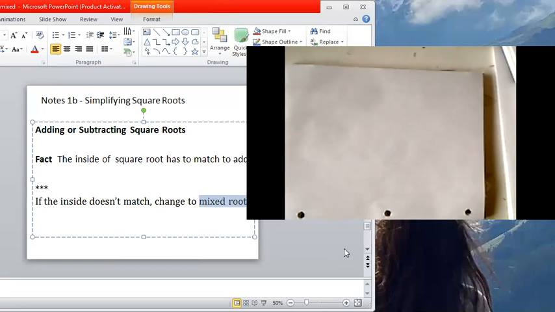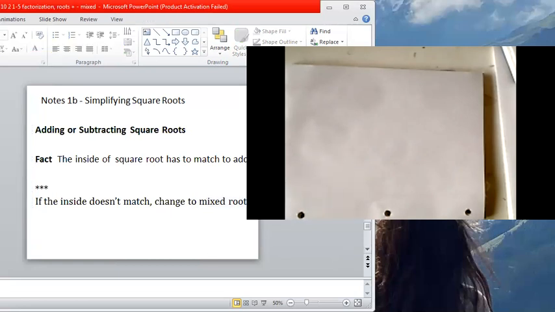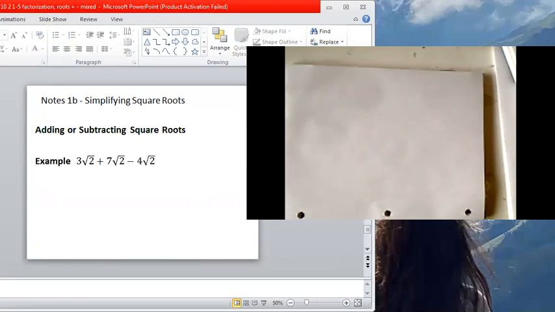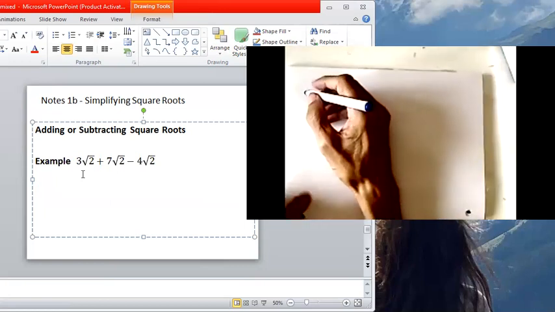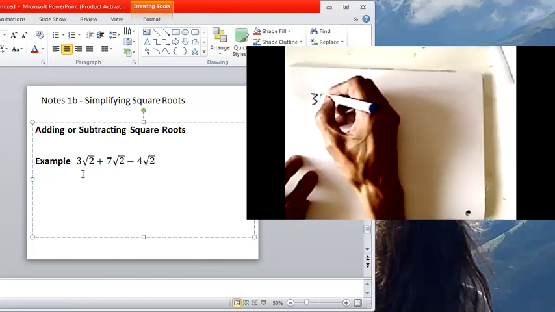Okay, so look at this one. On the insides, you have a root 2 here, you have a root 2, and you have a root 2 all over the place. So that means you can just add these up together. You get a 3 plus a 7, which is 10.